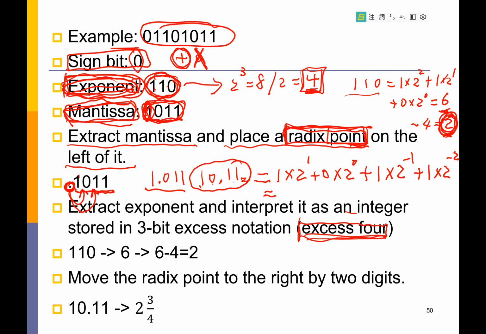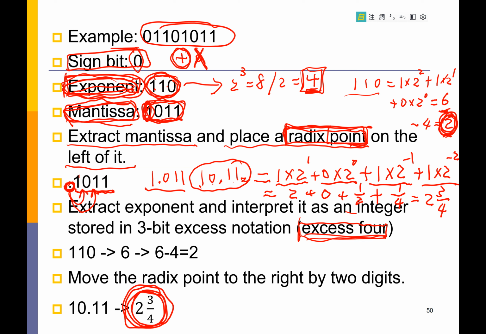We know this is 2, this is 0, this is 1/2, and this is a quarter, 1/4. So mathematically, this represents 2 and 3/4. So this bit pattern interpreted as a floating point value is, in the actual numbering system, 2 and 3/4.